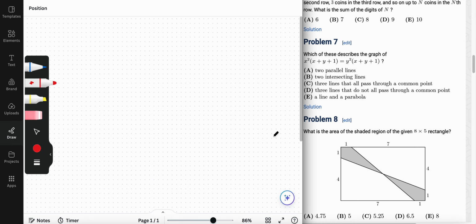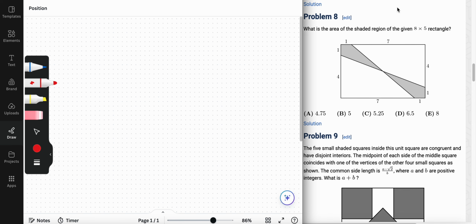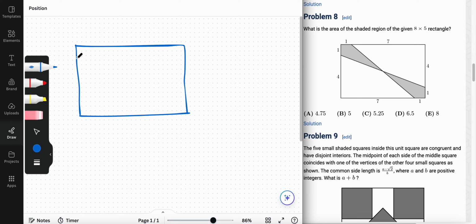Okay, moving on. We get, what is the area of the shaded region? Okay, I will sketch this. I'll try my best to sketch this figure over here. So then I have something like this.